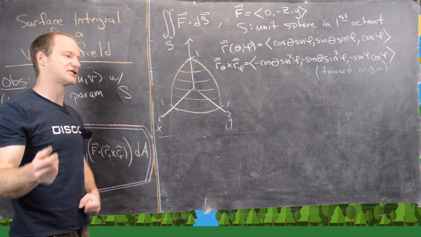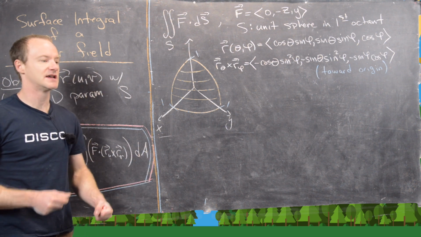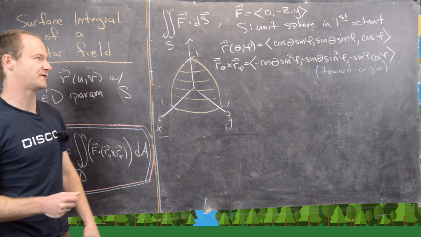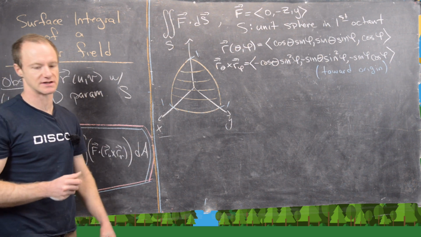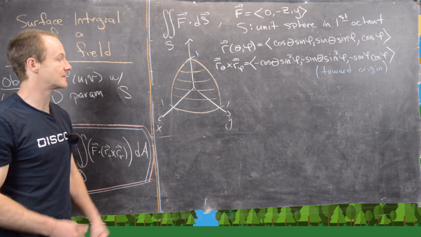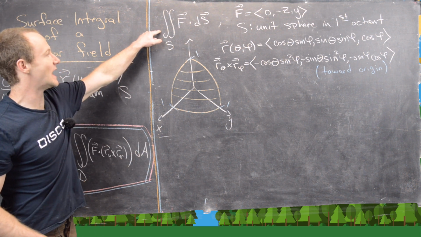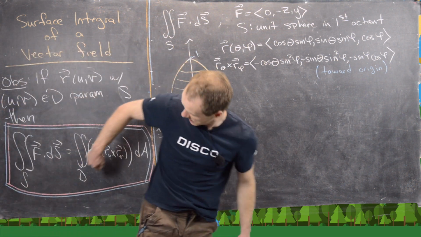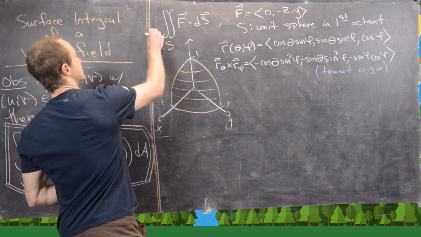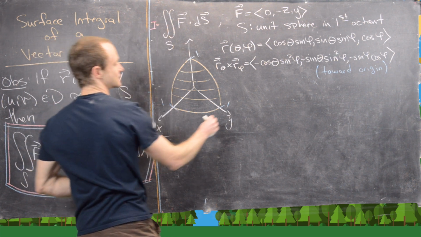But then again, you'll just have to look at what the problem says, and does it specify an outward facing normal or an inward facing normal? And this is an inward facing normal. But if we wanted an outward facing normal, we just negate the whole thing. Okay, so now we can go ahead and do this using this observation over here. So let's see, maybe I'll go ahead and call this thing I for our integral that we want.